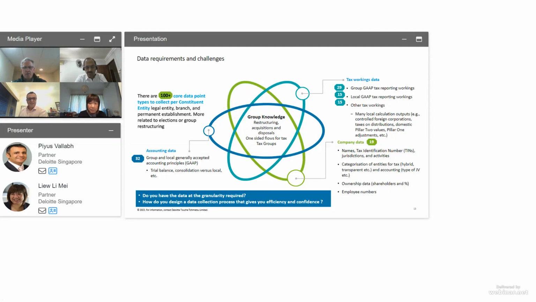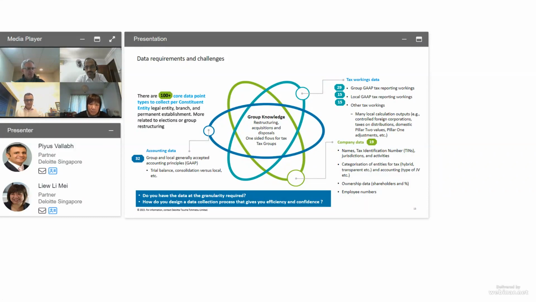It's going to mean aggregating accounting data from your ERP system, tax working files, and this could be group GAAP or could be local GAAP. Company data will be needed, and this will need to be aggregated, for example, ID information, employee numbers, ownership data, etc. So then the question really becomes, do you have the data at the level of detail you require?